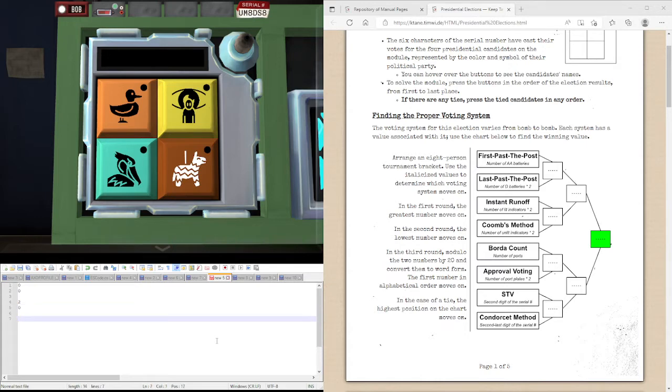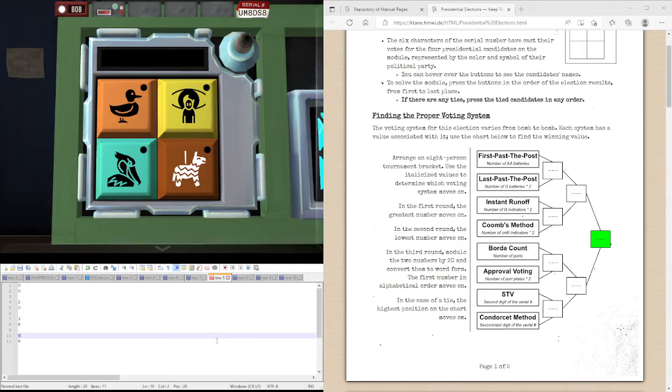Number of ports, we have 3. Now port plates times 2, we actually have 4 port plates, so times 2 is 8. And second digit of the serial is also an 8. And the second last digit of serial is also an 8.